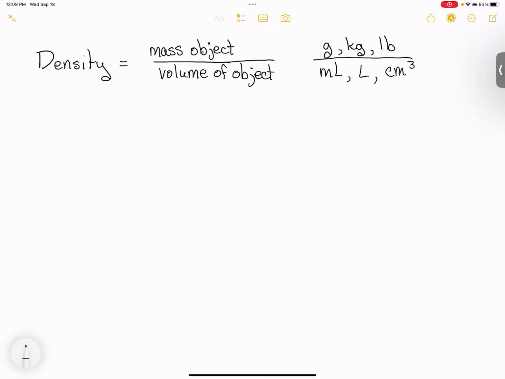So basically, density is a derived unit that takes into account mass and volume.